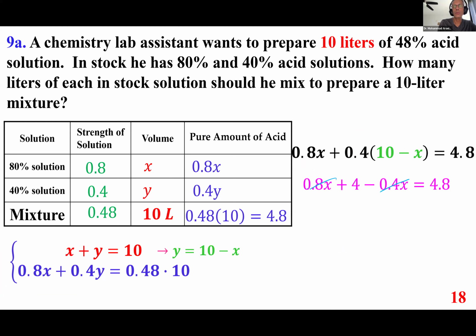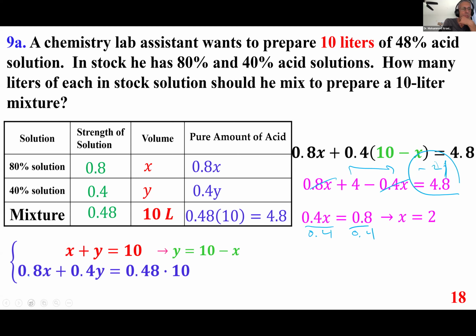These two add up to 0.4X. This 4 goes to the other side, becomes negative. We get minus 0.8. I'm sorry, 0.8. And then divide by 0.4, and you get 2.